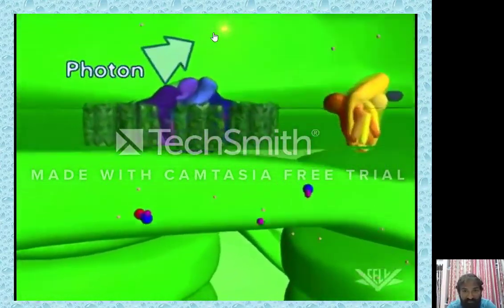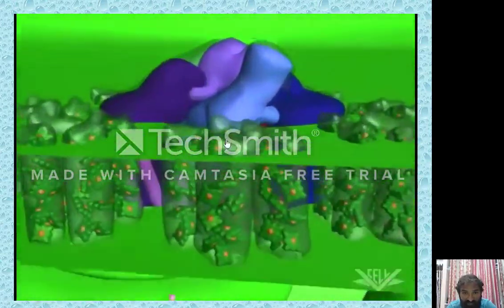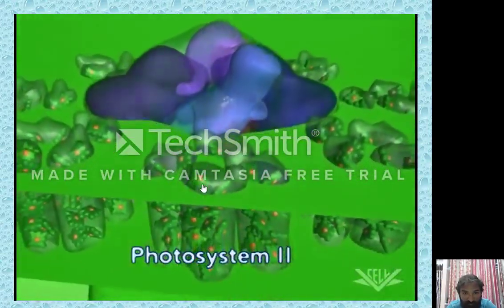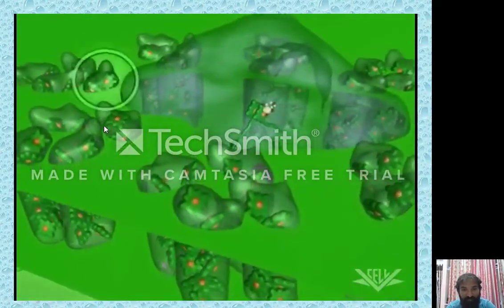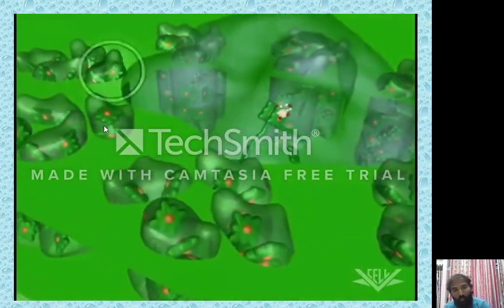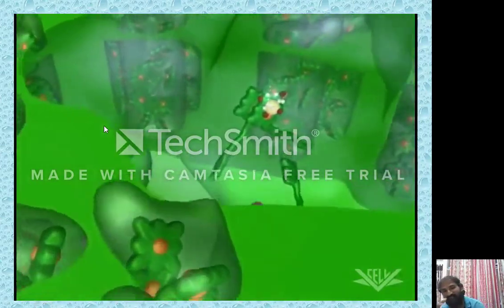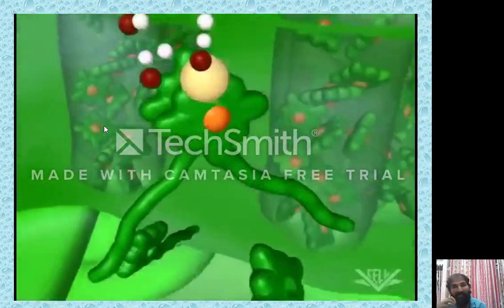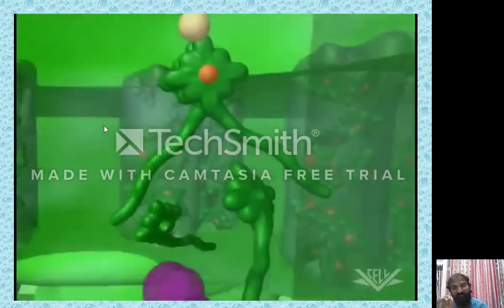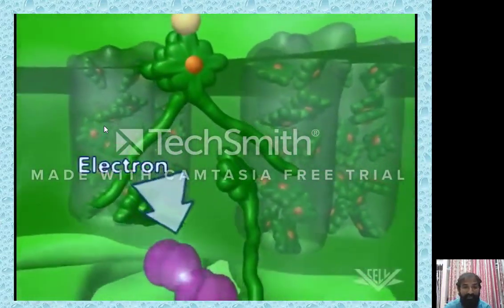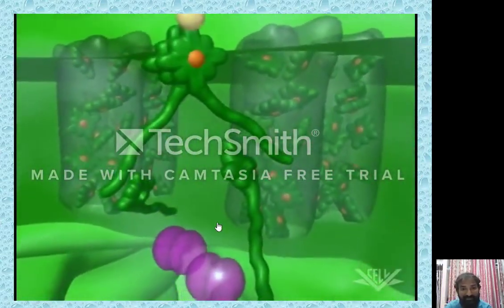Just see here, the photons come and are received by the chlorophyll. When the chlorophyll receives them, it is excited. All the chlorophylls receive the energy, and this energy is sent to the center of reaction, which is chlorophyll A. What will happen? A pair of electrons is released here.